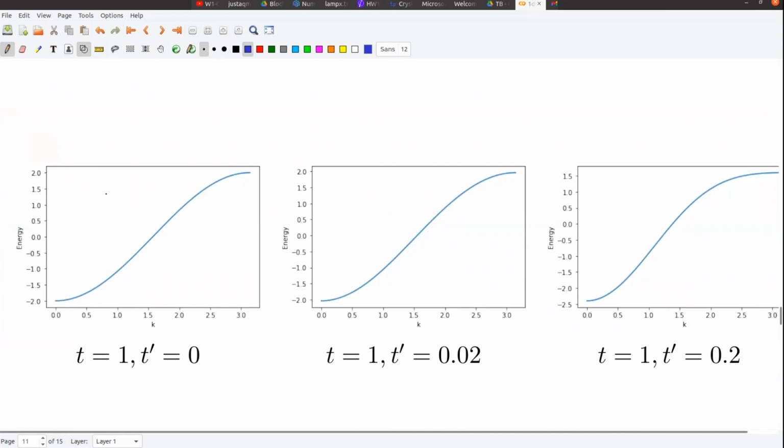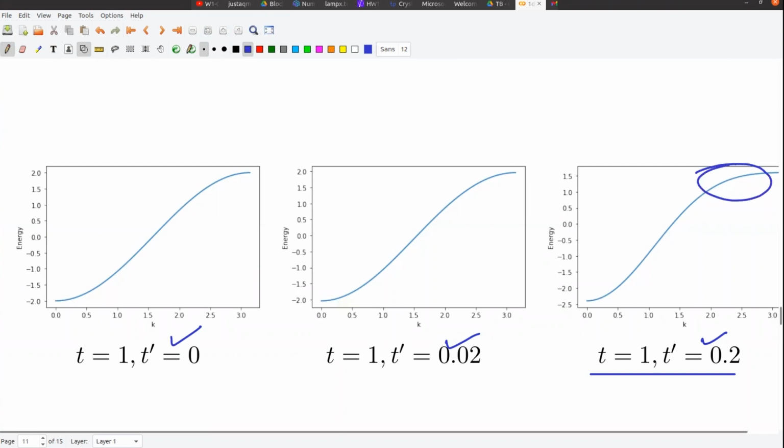Comparing the plots of energy dispersion for different values of next near neighbor interaction, we find significant difference when t dash becomes comparable to t, as shown in the third figure. Ek curve becomes flatter near the top of the band.